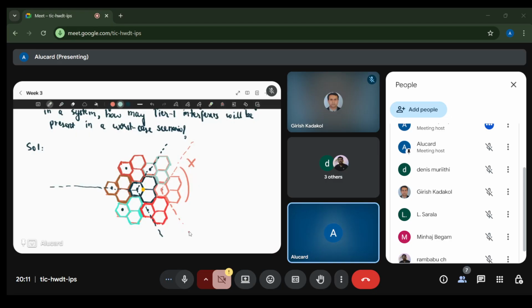What about this one? Again, this sector is facing away from your user. So here's the user, but here's the mobile station. But the blue guy is transmitting at a different frequency in that sector. So he is using the same frequency in this direction, so that blue guy also won't interfere.